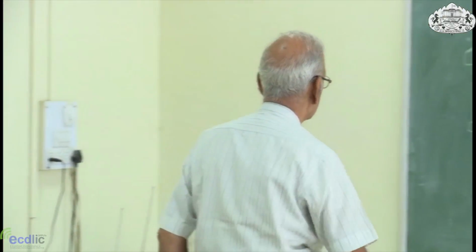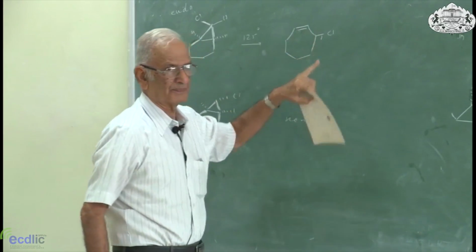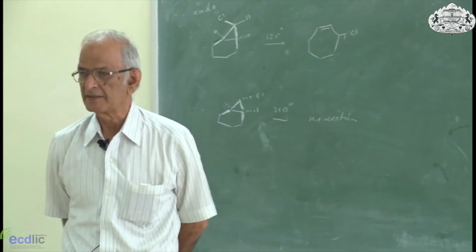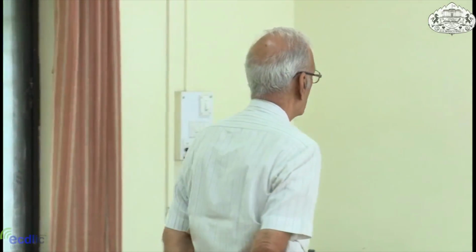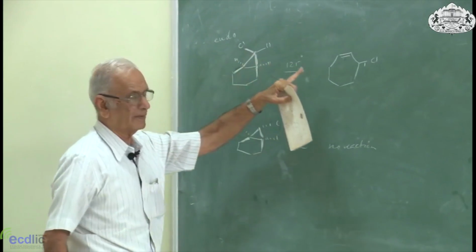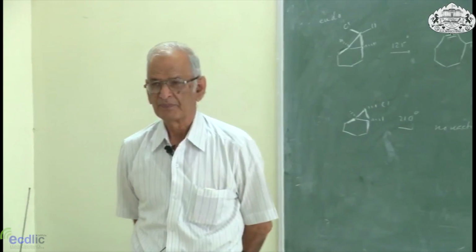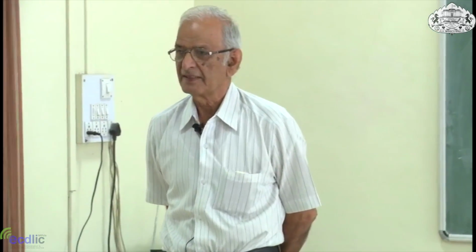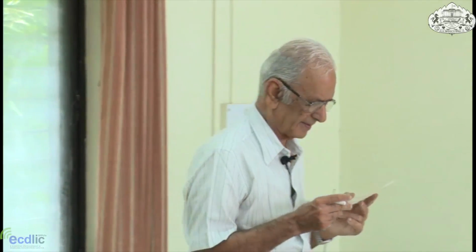So, your product is going to be double bond and adjacent to it is going to be your chlorine. Only when the halogen is endo, reaction takes place. When the halogen is exo, the intermediate will have trans double bond in a 7-membered ring. Therefore, there is no reaction.